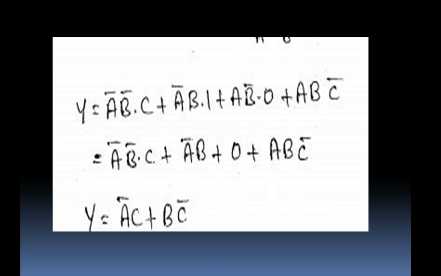So we are getting B plus B bar, value is 1, and from the next two terms we are taking B C bar as common. So we are getting A plus A bar is 1. So the final equation is A bar C plus B C bar.